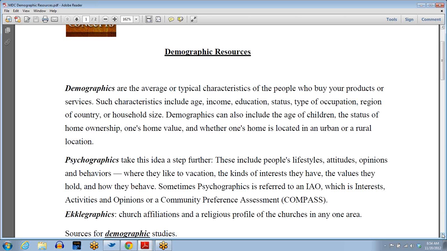That's normal stuff that is available any number of places, as you'll see here on the resource sheet. You don't have to pay to get that usually. It's available to you. Of course, the United States government has the census every 10 years, but also it's updated as they go through a 10-year cycle, and you can pull that information from any number of sources.